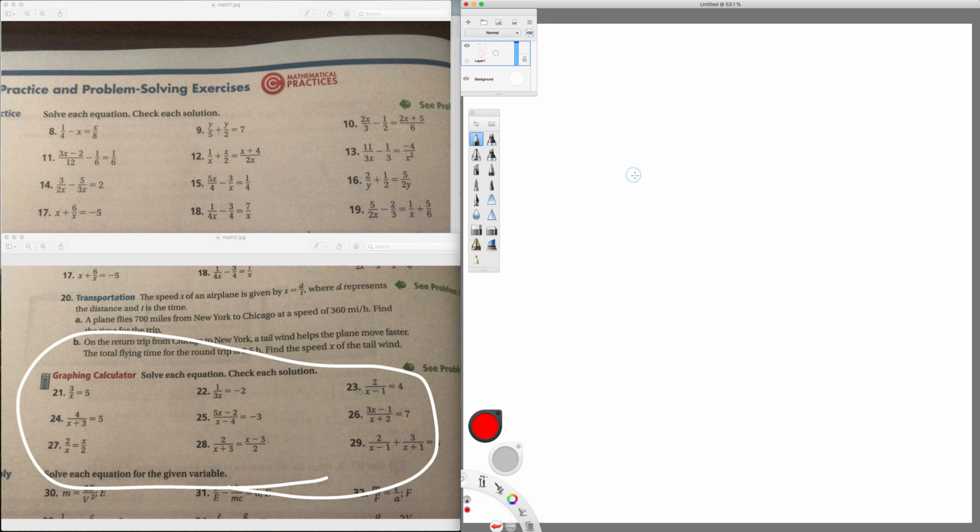16, 2 over y plus 1 over 2 is equal to 5 over 2y. And then 2 times y is going to be my denominator. So I multiply everything by 2 times y. So the y cancels on that one, leaving 2 times 2, which is 4.